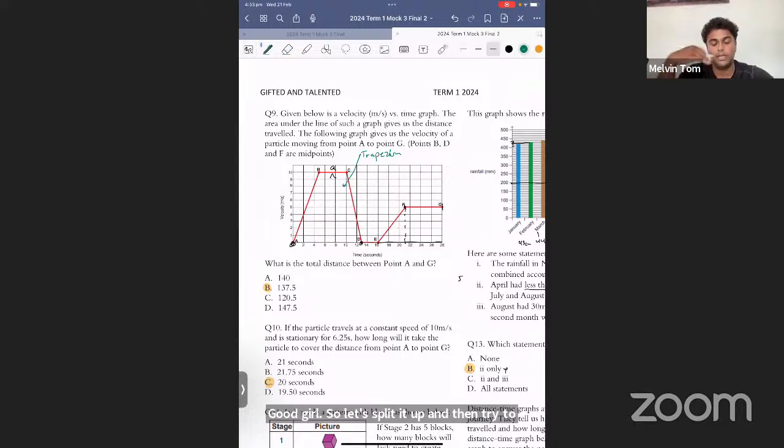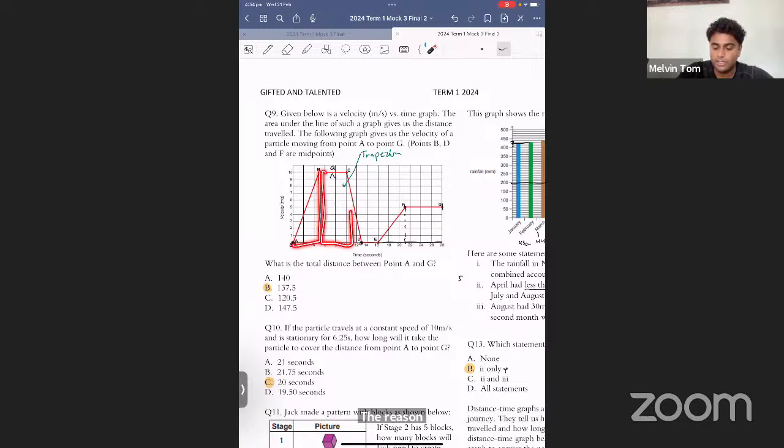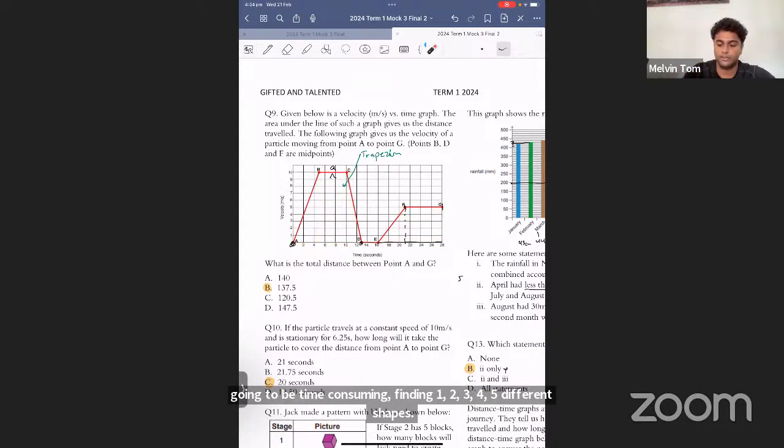You can do rectangles and triangles. Now, for the sake of time, Isabella, I'm going to teach you and then everyone how to do the area of a trapezium. Although the other way still works, it's going to be time consuming finding 1, 2, 3, 4, 5 different shapes when we can just find 2 different shapes. Okay? All good?